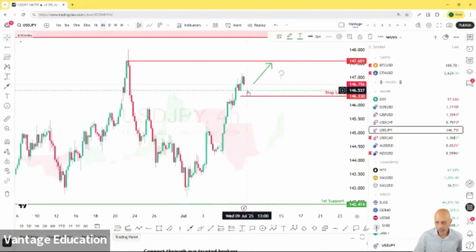At the same time, we can use the now support level at 146.53. We identify our stop loss with a buffer, and that gives us a stop loss at 146.33.